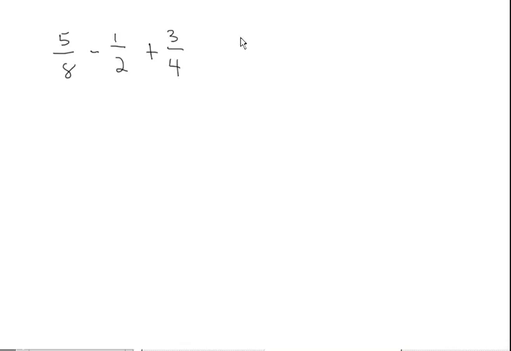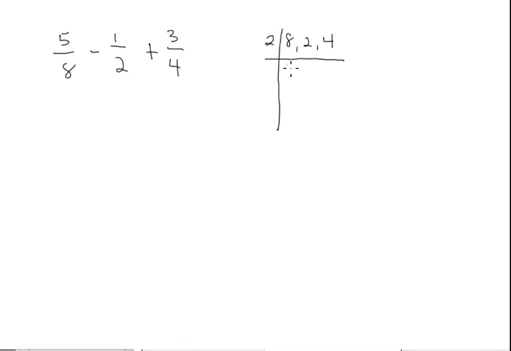But if you don't know, then you will have to do the division method to find the LCM, the lowest common multiple between 8, 2, and 4. So if I write out 8, 2, and 4 in a line, I can do this division by the lowest common factor, which is 2.